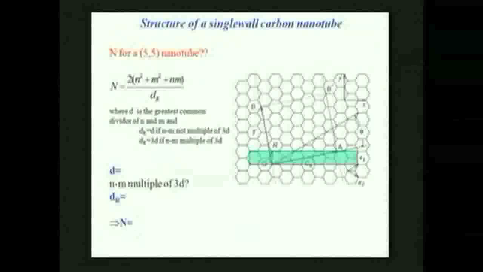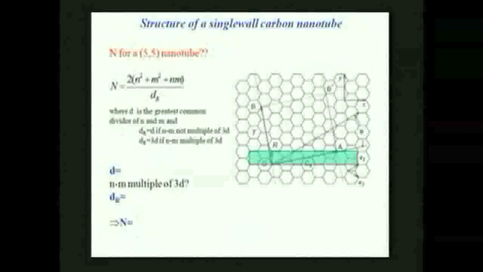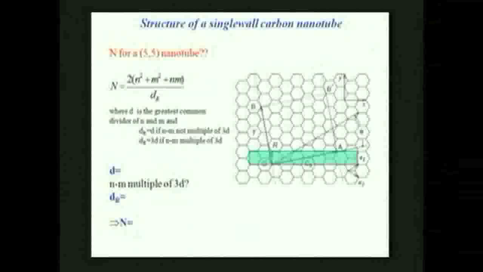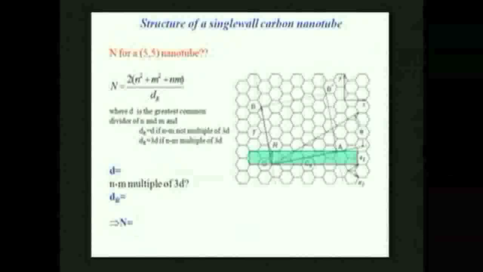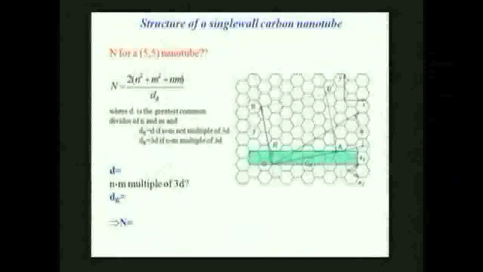Then you can either count the number of hexagons and carbon atoms on this graph, or you can use this expression which relates the number of hexagons to the integers n and m. To relate these different parameters, you have to use a divider D which is related to the greatest common divisor of n and m.